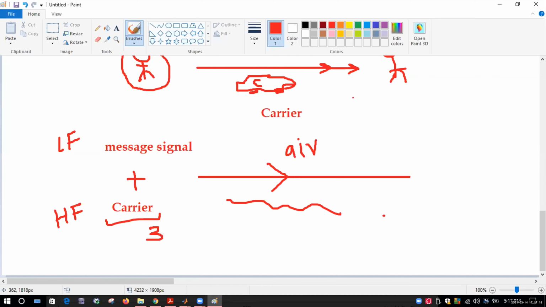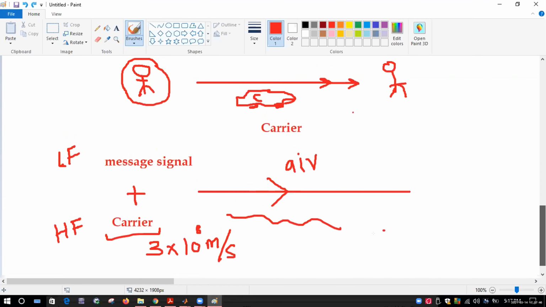A radio wave has the speed of light, 3 times 10 to the power 8 meters per second. This is the speed of a radio wave, same as that of light. And this one is low frequency. Its speed is low. Now, my question is, how should we define high frequency? What is high frequency and what is low frequency?